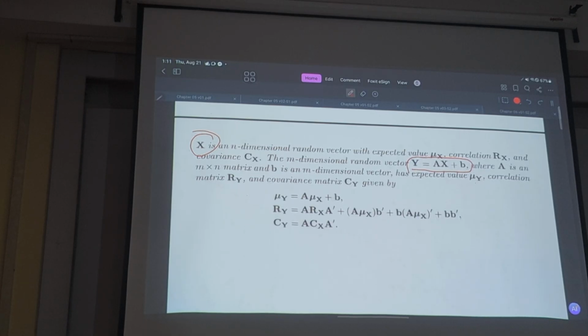Yes, sir. 43, 45, 46, 48. Present, sir. 49, 50. 46 was there. Huh, 46 was there, because there is only one student.